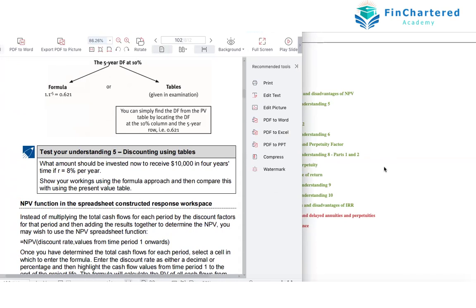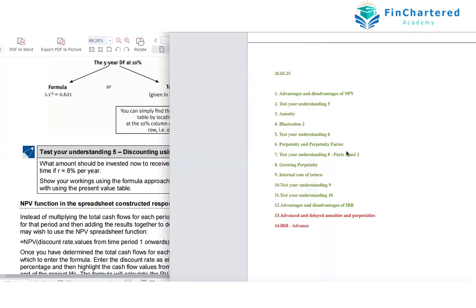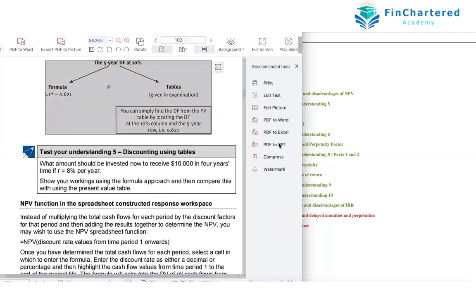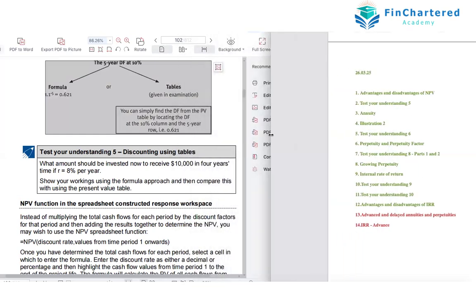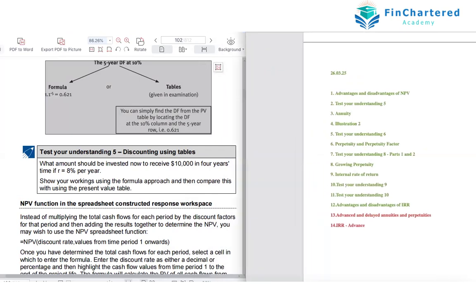Next question will be to Osama. Osama, your question is, in general, what is IRR? What is internal rate of return? So for Kittu to see this question, you have test your understanding 5 here. Osama, tell me, what is internal rate of return?